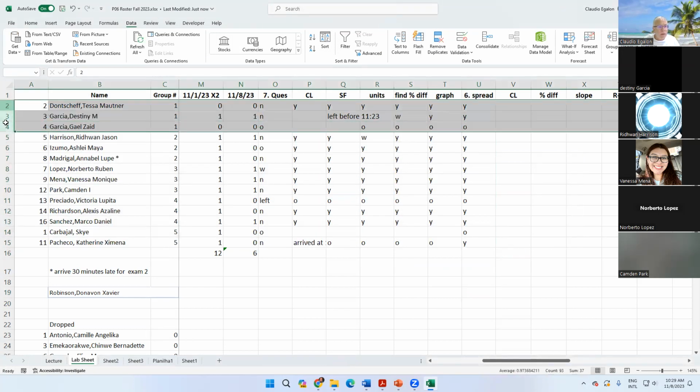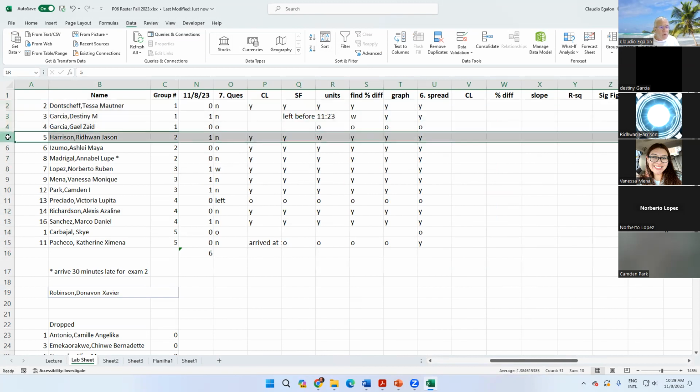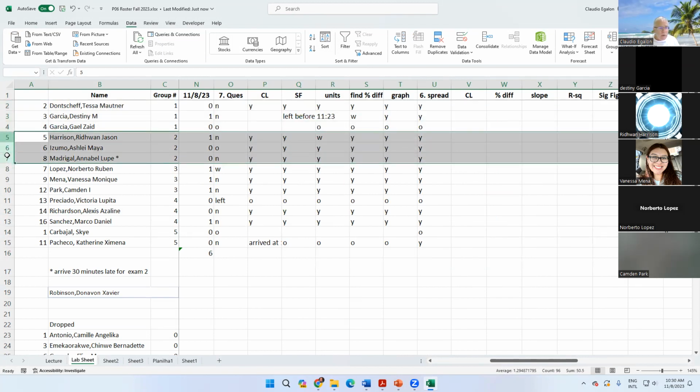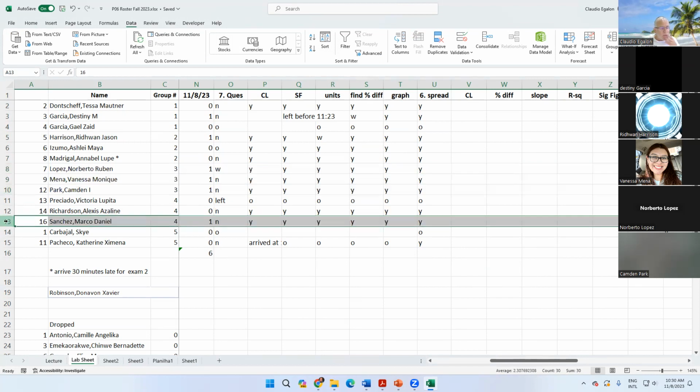Destiny, you're the only one in group 1, right? Yes. Okay. Let's see the other students here. Group 2. Read 1, you're by yourself today, huh? Read 1 is by himself. Group 3 is here. And we have only one student in group 4. Okay.